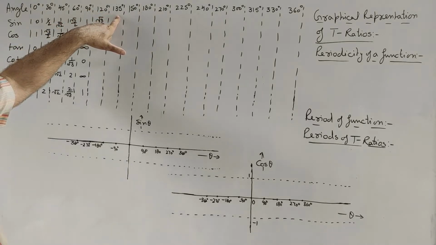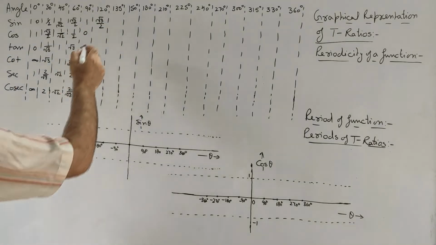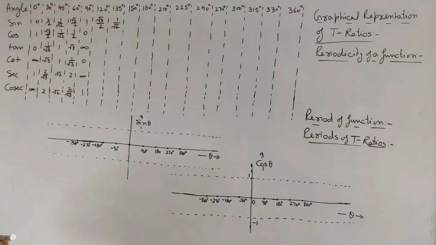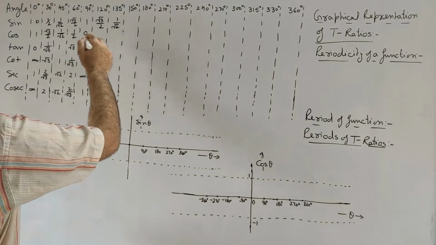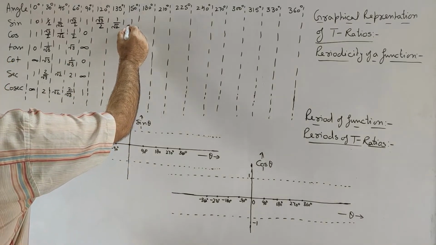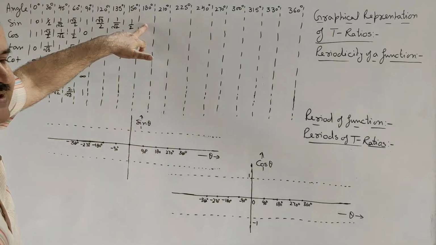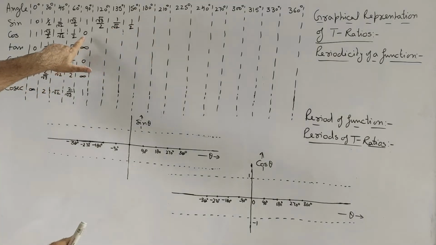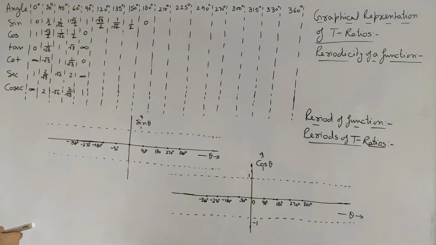Sine 90 plus 45 will become cos 45, and cos 45 is 1 by root 2. Now 150 will be sine 90 plus 60. Sine 90 plus 60 will be cos 60, and cos 60 is 1 by 2. Now 180 means sine 90 plus 90. Sine 90 plus 90 means cos 90, and cos 90 is 0. So sine 180 degree will be 0.